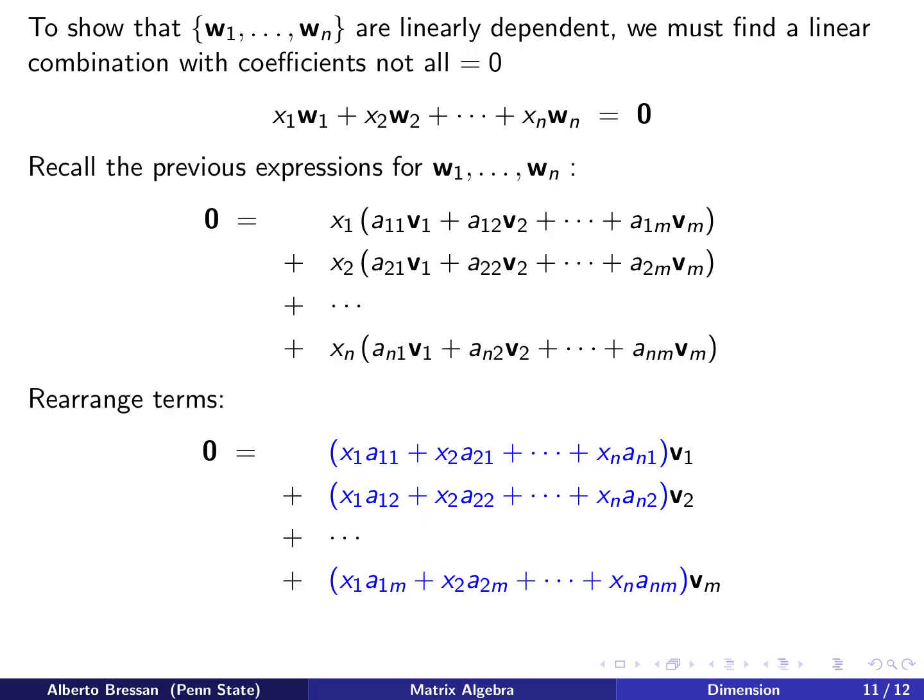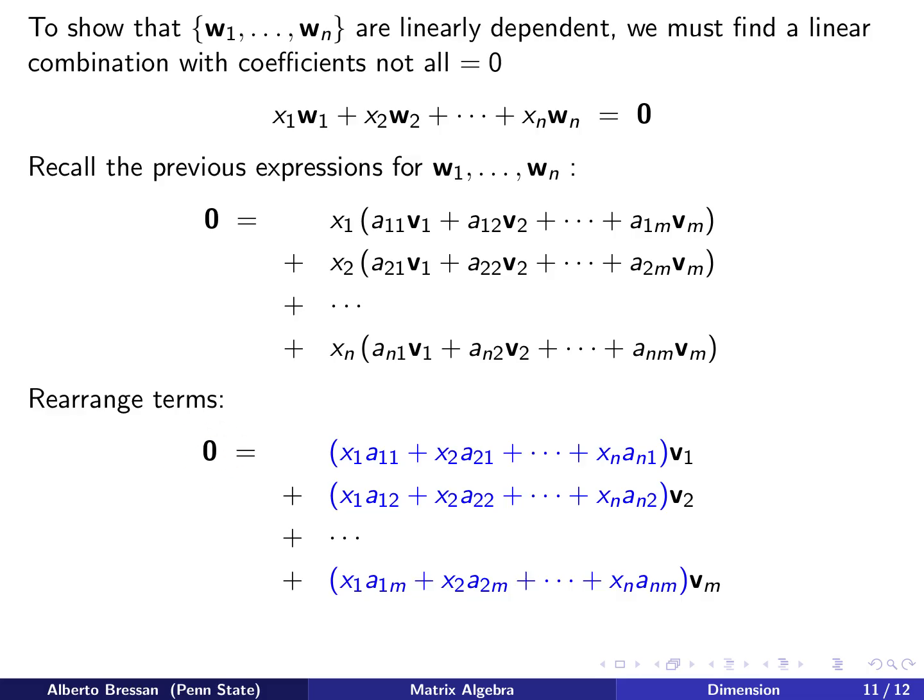And you do that for all the columns, all the way to the last one, which has vm outside, and then adding up all the coefficients. And then remember, all that expression must equal the 0 element.